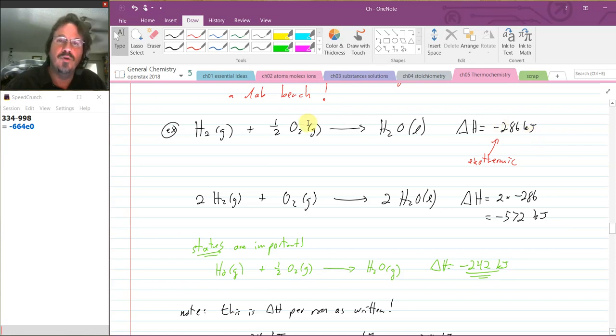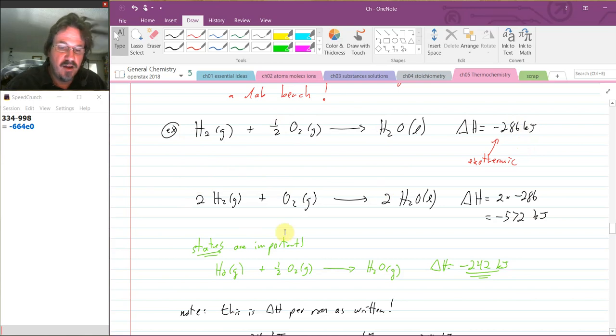Now yeah, when I burn things like hydrogen, I do release a lot of energy, a lot of heat, so it's not surprising. This is an exothermic reaction. The heat, that is to say the change in enthalpy, is negative 286 kilojoules for that. Well, what if I had twice the amount of hydrogen? Well, I'd get twice the amount of heat. And this is what I did down here. Let's multiply through by 2. So 2 here, 1/2 times 2 is a 1.